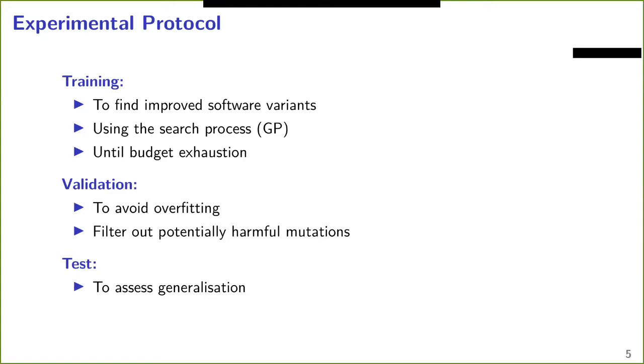The intermediary step, validation, can be done additionally in order to try to avoid overfitting on the training data. Training will yield a sequence of modifications. The idea with validation is to filter out the mutations that seem harmful, in order to both simplify the final software and make it more understandable.